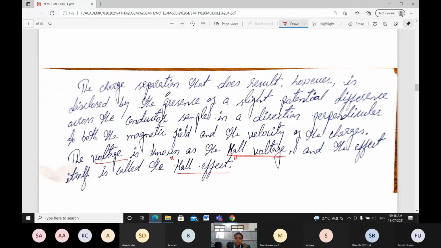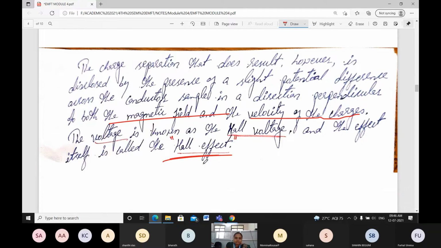This is the potential difference between those charges across the conductor sample, in the direction perpendicular to both the magnetic field and the velocity of the charges. That's why it is telling here that this voltage, the potential difference, is called the Hall voltage, and the effect is called the Hall effect. This is one term you have to remember in this topic.